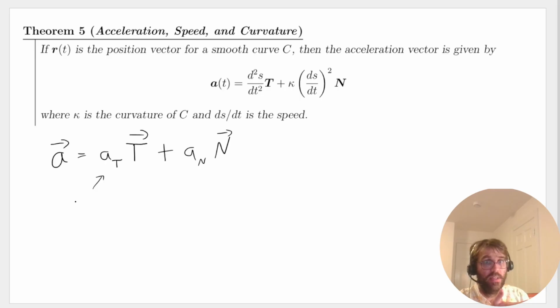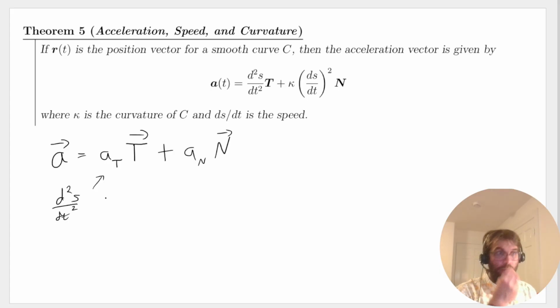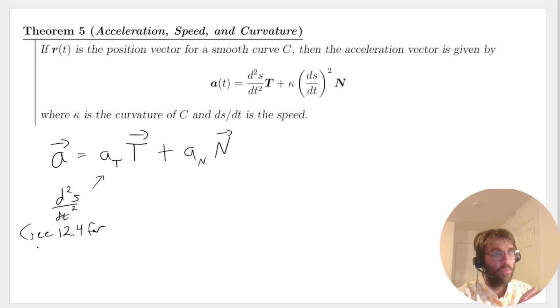It turns out it's the second derivative of s, d squared s, dt squared. But we also have all of our other formulations of it. So it's just 12.4 for other a T formulas.